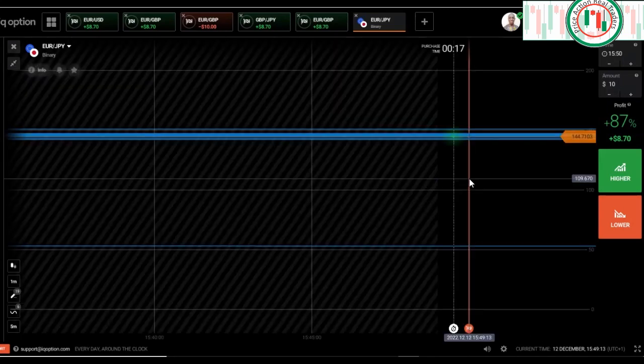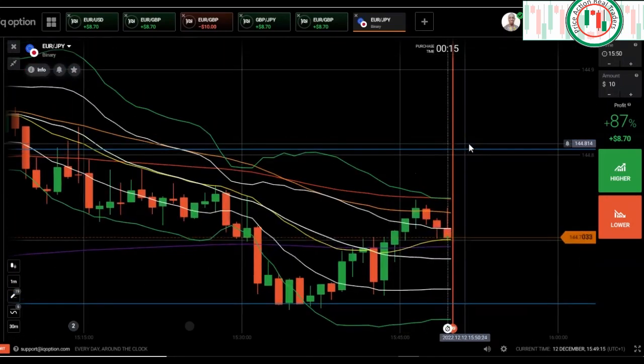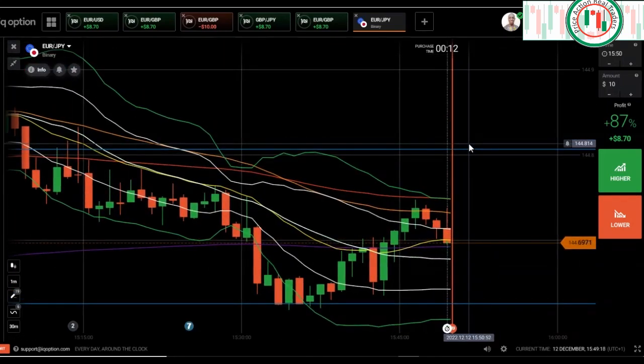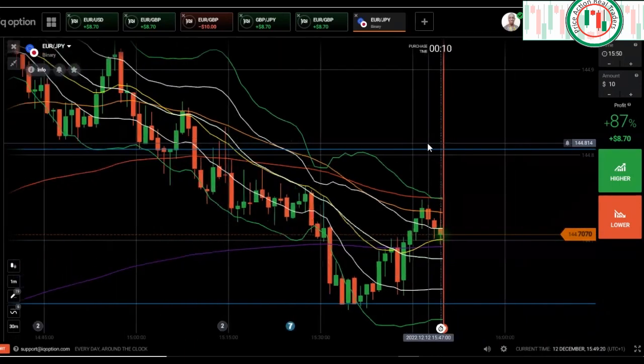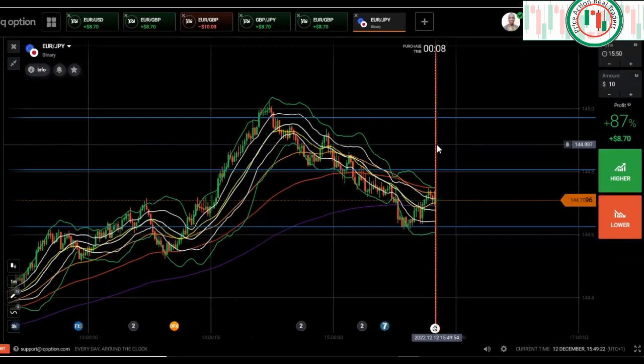So this is the way you will trade market analysis. If you lose trade, don't lose concentration. Just try to concentrate and keep trading.